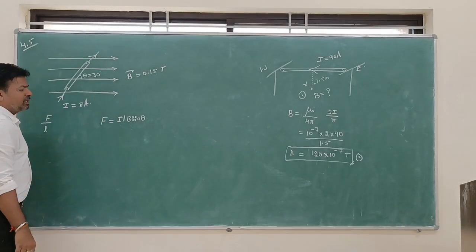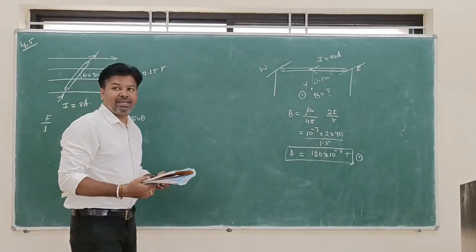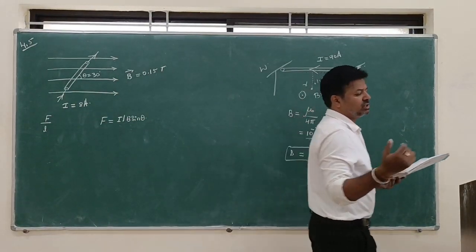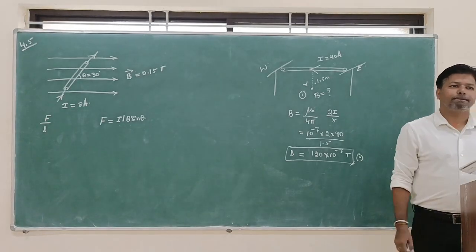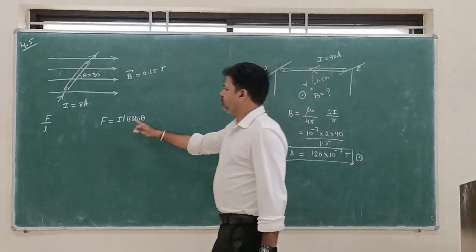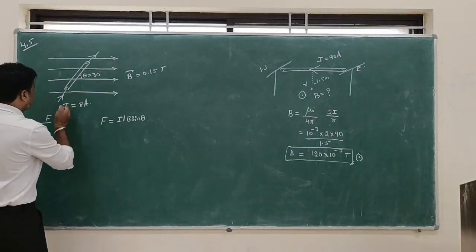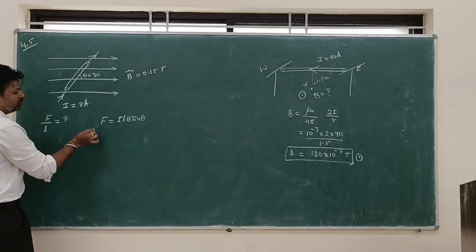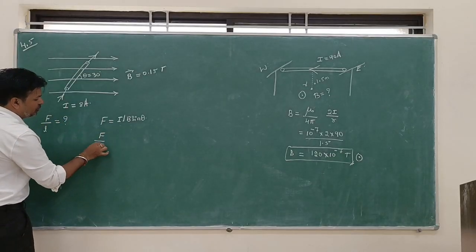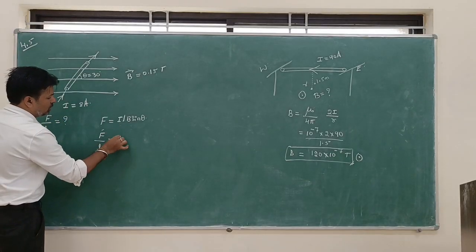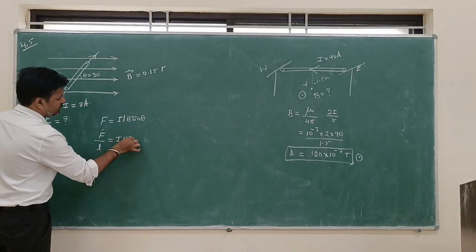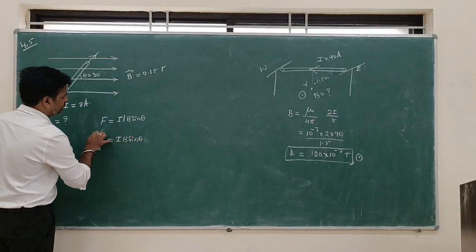And what they asked is force per unit length, so if we shift L to this side, F divided by L is equal to I B sin theta.